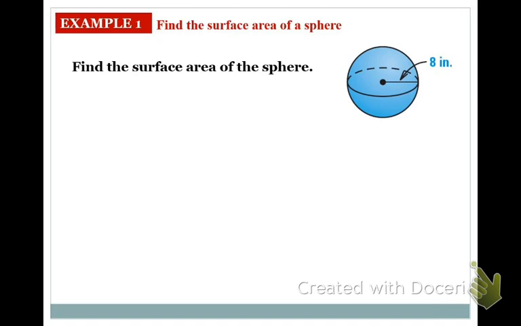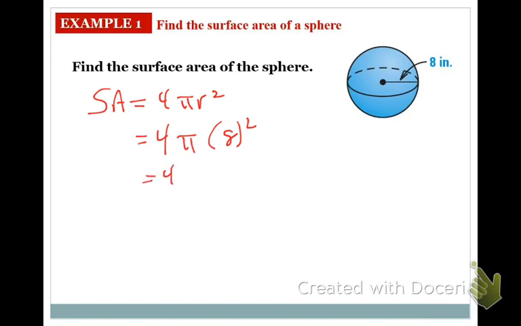Okay, so surface area of a sphere, first thing you want to do is grab the formula. So 4 pi r squared. Why 4? I don't know. Just the way it kind of worked out. The radius is 8, so we're going to want to square that. So we go 4 pi times 64, which gets us 256 pi square inches.